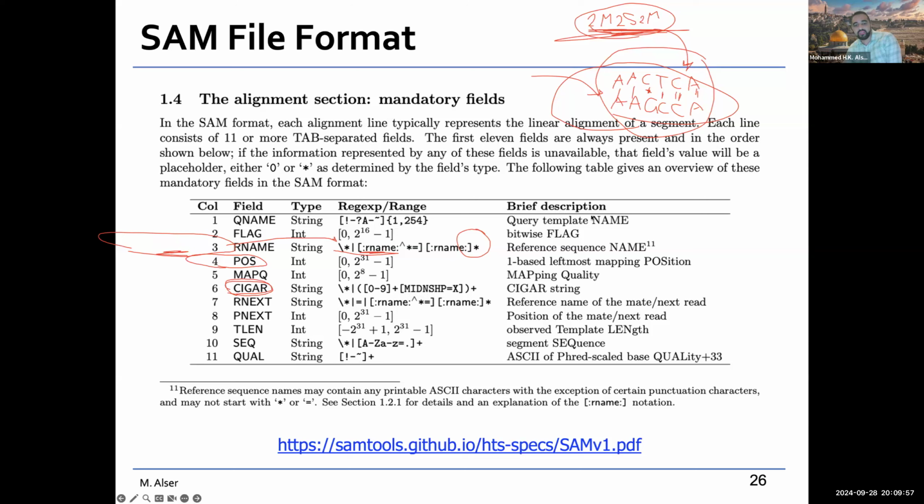Sometimes we don't represent the substitution separately, we represent it as M, it means mismatch or match. But this is how we represent the arrangement we have over here as a CIGAR string. So we have the number of that operation, the item for the operation, and then we repeat that. So we have 2 matches, 2 substitutions, 2 matches.